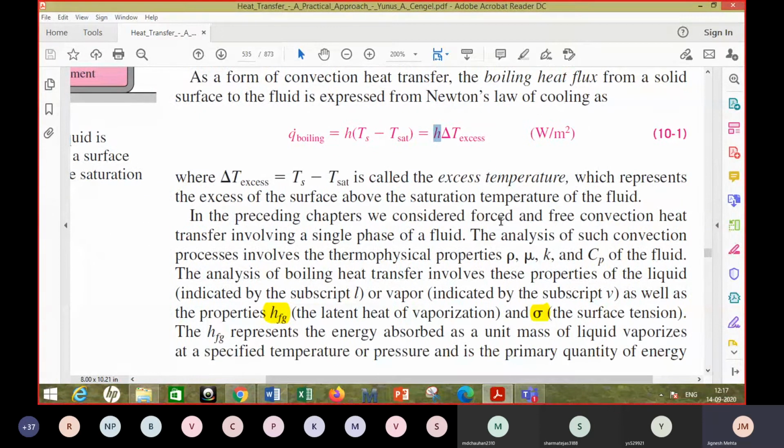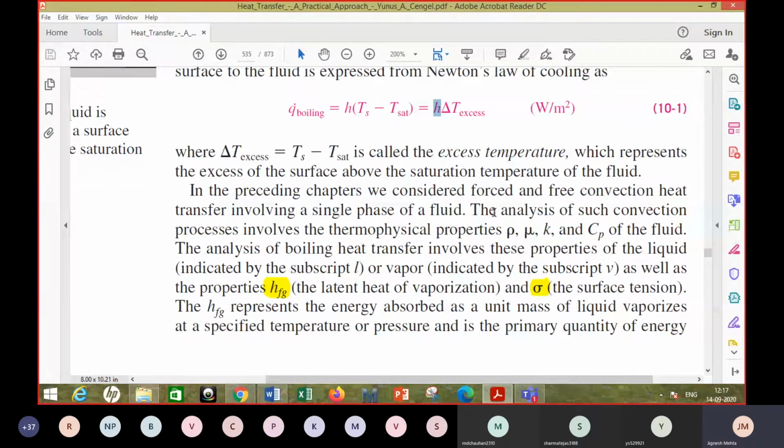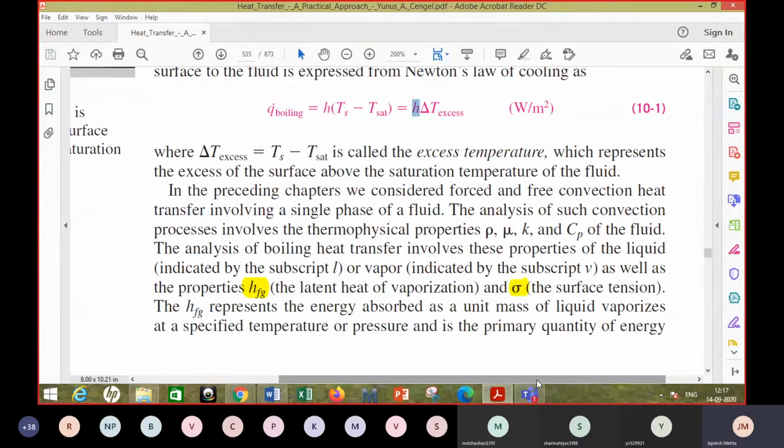Now there are some different properties as well as other physical parameters which are affecting the heat transfer phenomena. The regular thermophysical properties of the fluid, like the density, viscosity, thermal conductivity, and heat capacity, play a role here also.